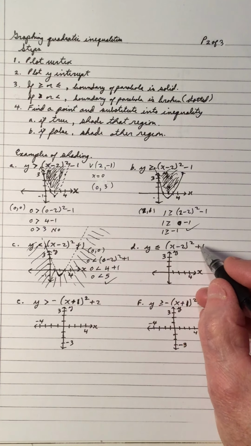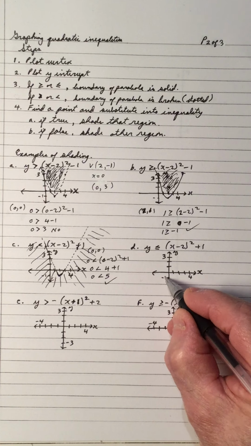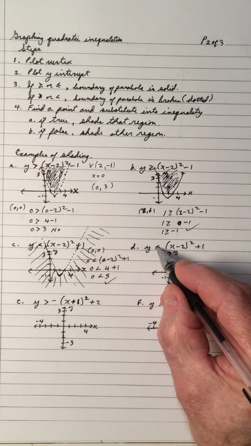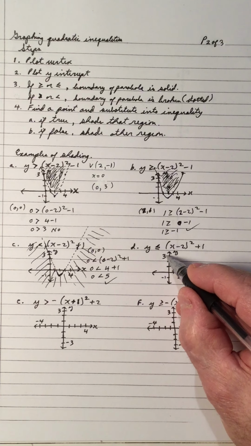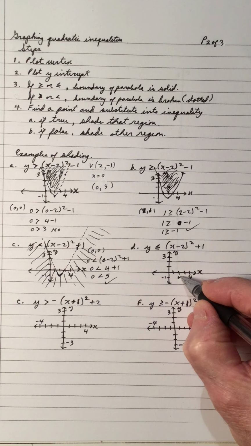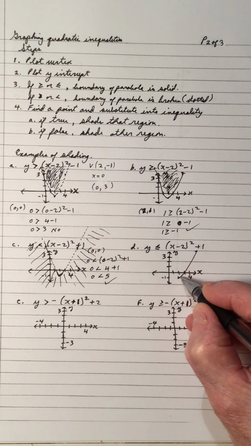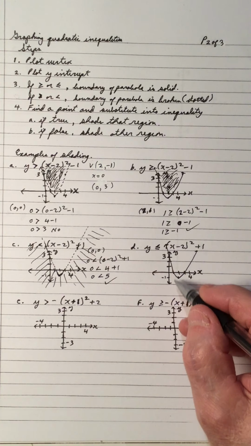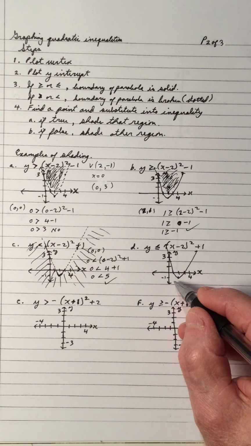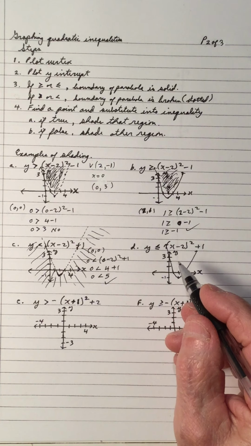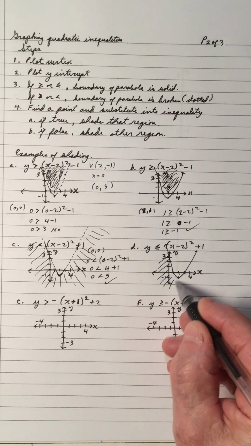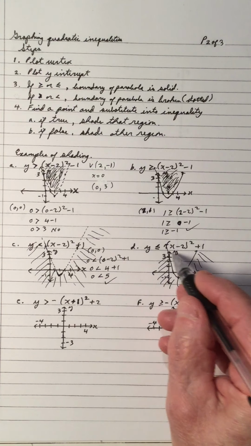And D, same parabola. Again, that's a negative 1, so it's 2, negative 1. Y-intercept is 3. Notice it's less than or equal to. Because it's equal to, the boundary line is solid. And less than is below, down here.